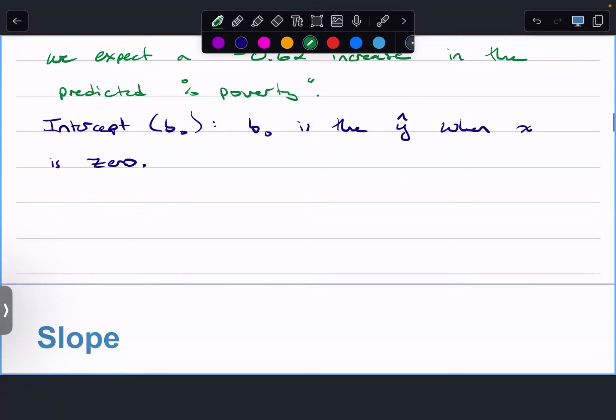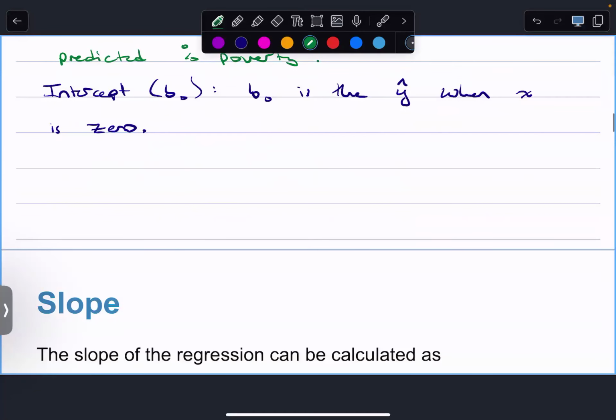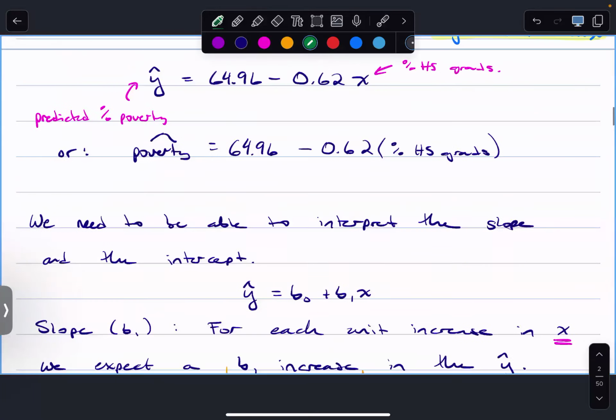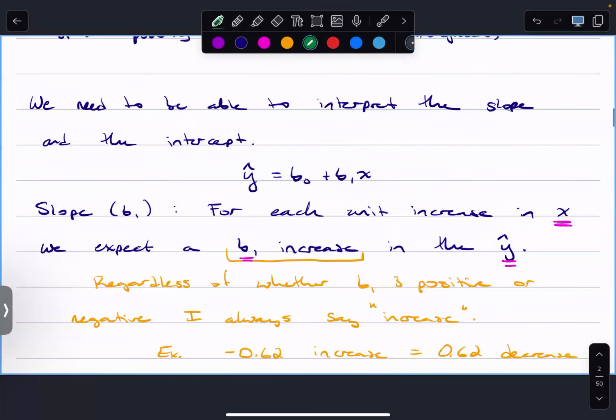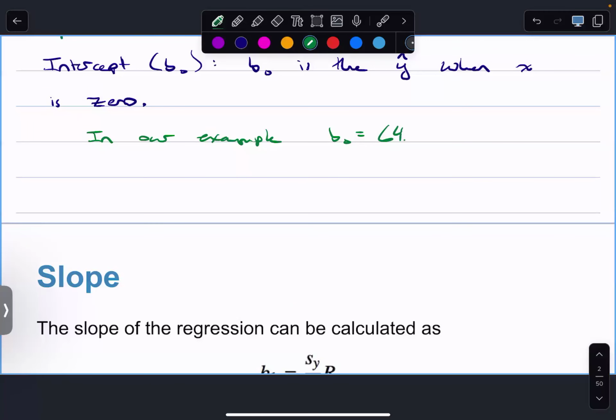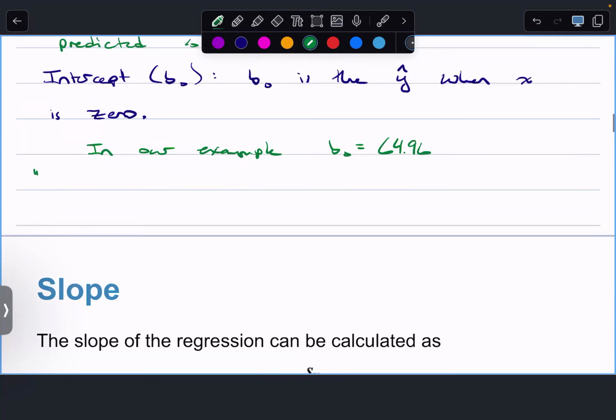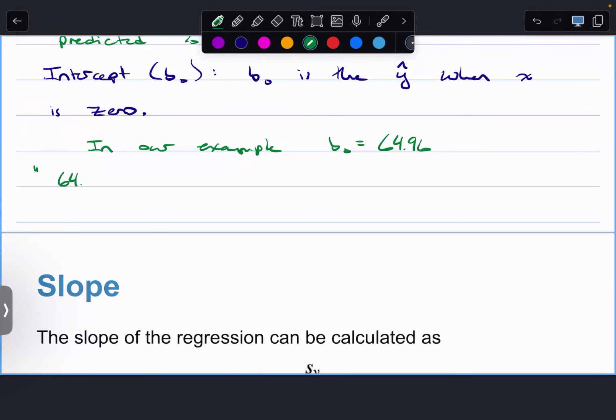So for us, in our example, B0 was 64.96. Again, in percent, but that's okay. So we would say 64.96. And if you want, you can add the percent, but I'm not going to, just to keep it nice and bare bones.